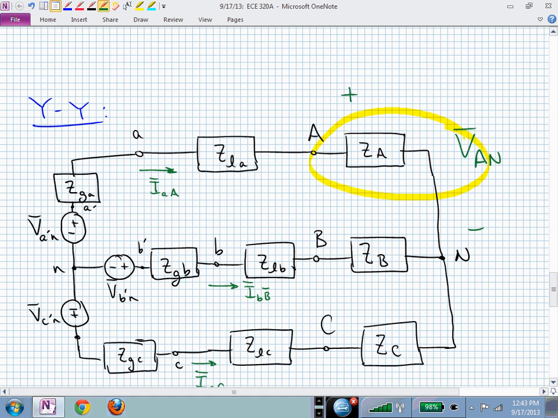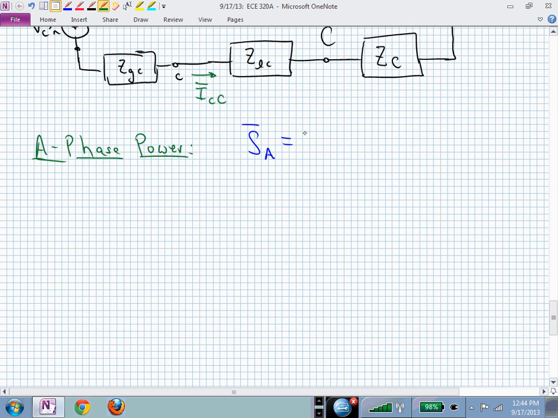So that's V sub AN. That goes from terminal A, capital A, down, if you had a voltmeter, from there down to capital N, the neutral terminal. So now we have part of this equation. We now have V sub AN, and that's a phasor.